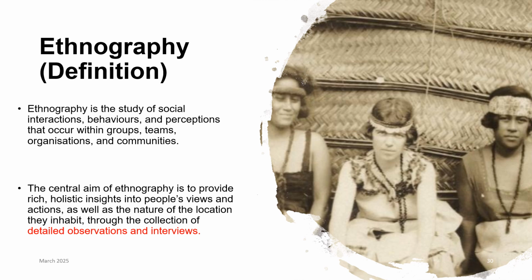The main objective of ethnographic research is to provide rich, holistic insights into people's views and actions, as well as the nature of the location they inhabit. As we said, it's the study or writing of a particular culture through the collection of detailed observations and interviews.